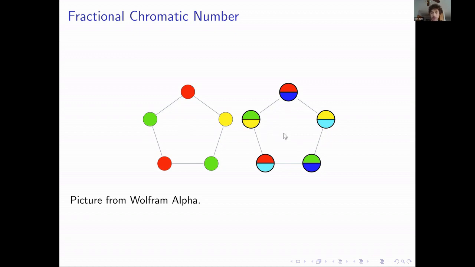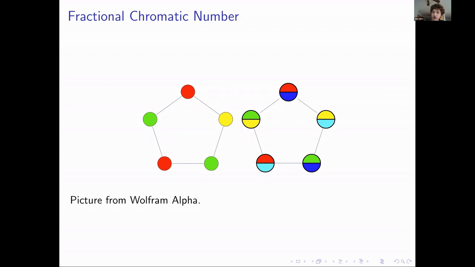So by considering these half colorings and smaller things, you can get a smaller color count. So this is one way you can think about the fractional chromatic number. If you didn't understand what I said, that's fine. I'm going to completely ignore this, but just wanted to mention it for completeness.